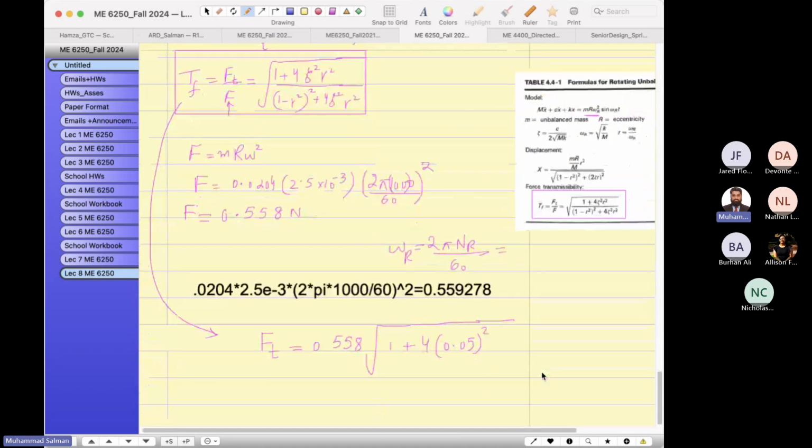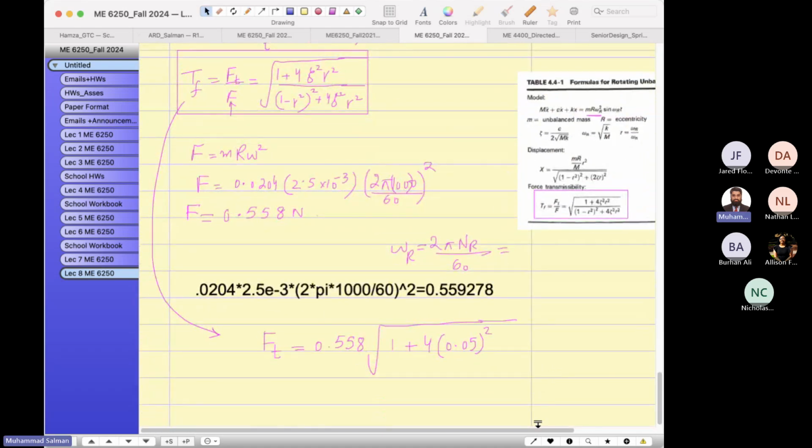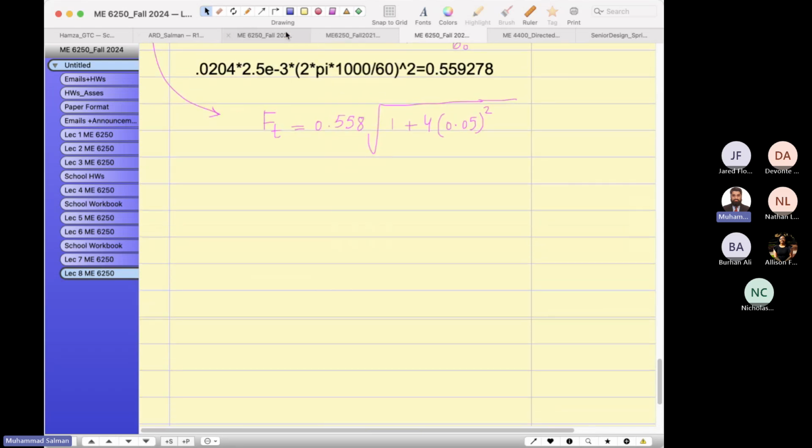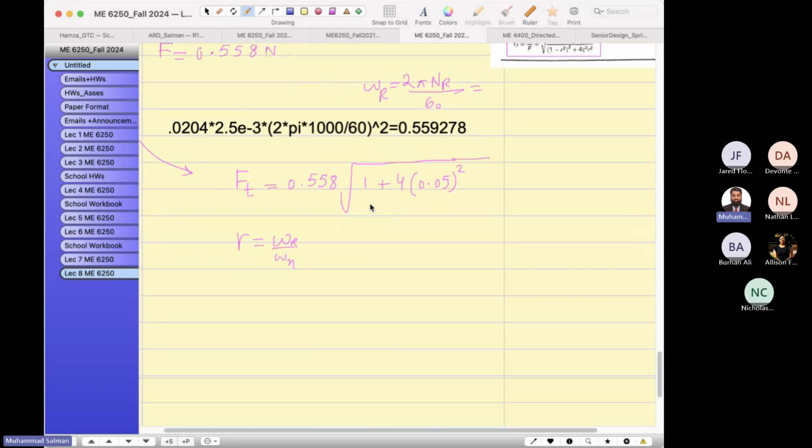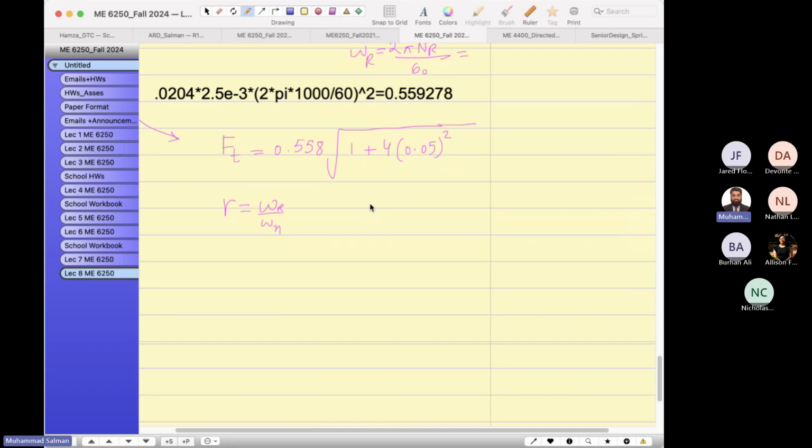R is equal to the ratio of the exciting frequency or rotating frequency to the resonance frequency. And resonance frequency can be found using square root k over m.